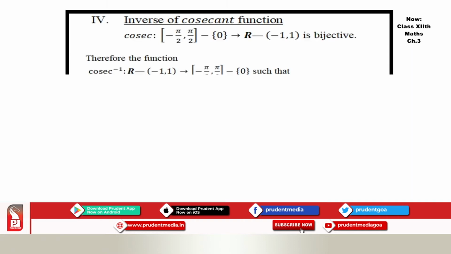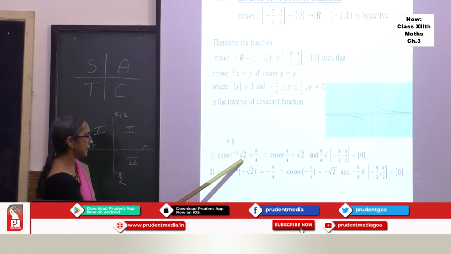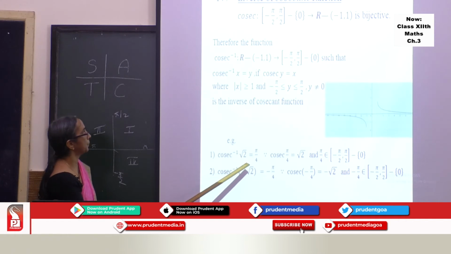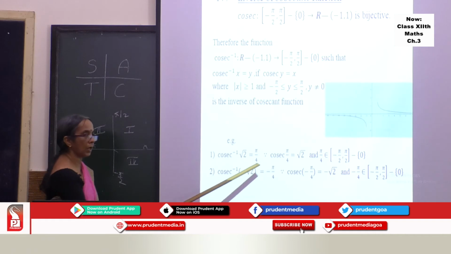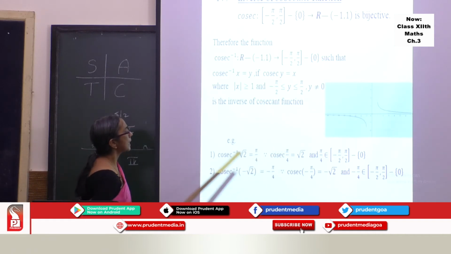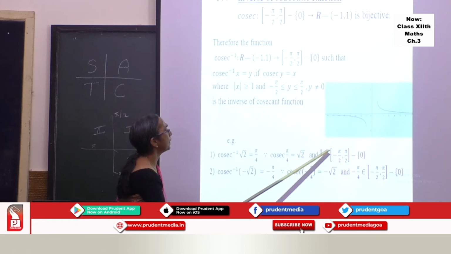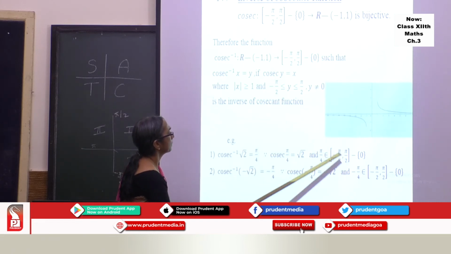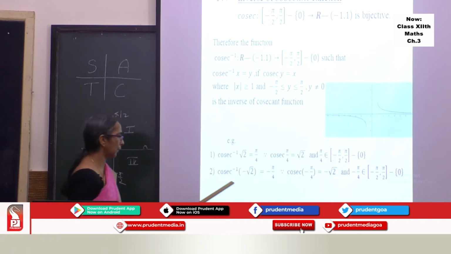Okay. Now, let us take two values. Cosec inverse function is like the sine inverse function. Cosec inverse of root 2 is pi by 4 because cosec pi by 4 is root 2, and pi by 4 belongs to the set, the open closed interval minus pi by 2 to pi by 2 minus 0.